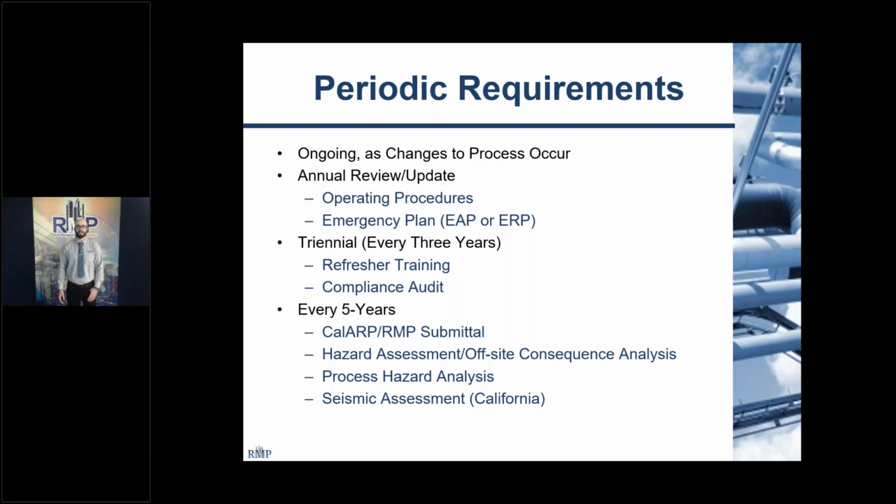For your annual update, you're going to want to look at operating procedures and emergency plan. For triennial, you're going to want to look at refresher training and compliance audit. And every 5 years, you'll want to look at your CalARP RMP submittal, hazard assessment, which is your offsite consequence analysis, process hazard analysis, and if you're in California, your seismic assessment.